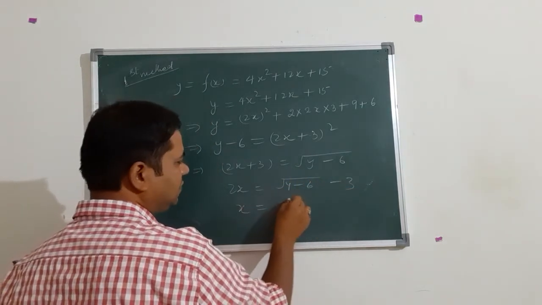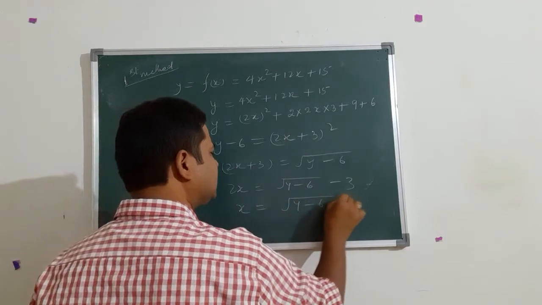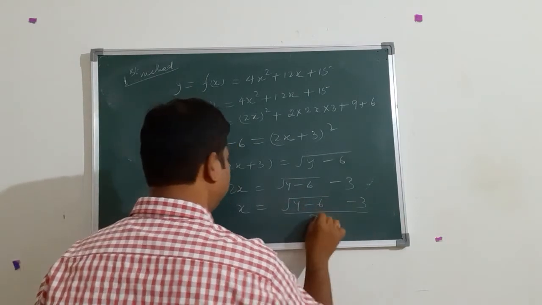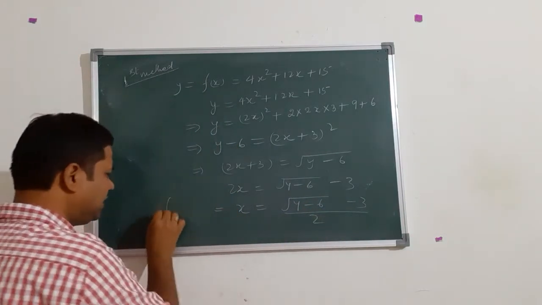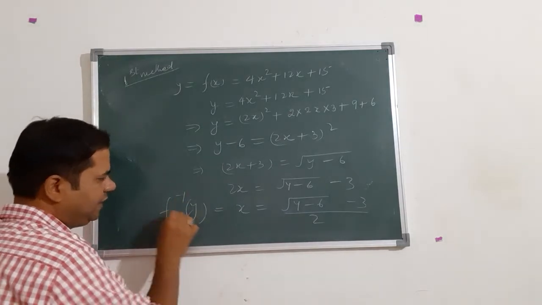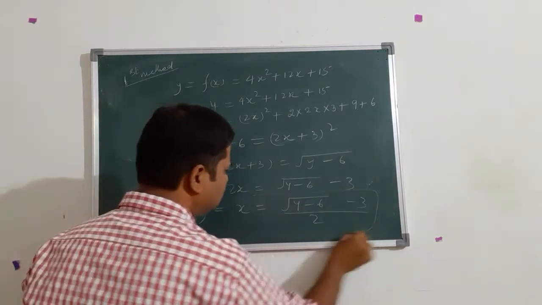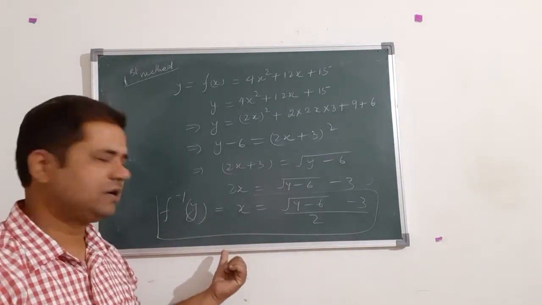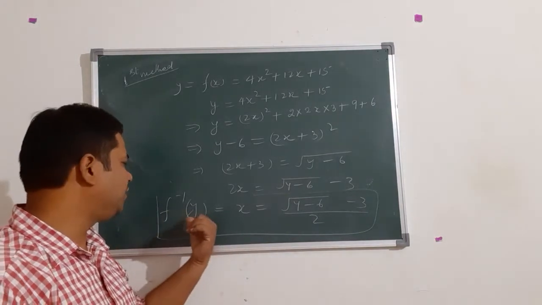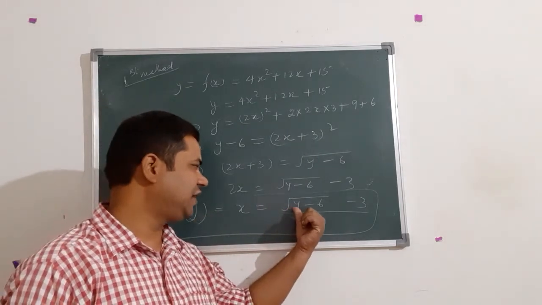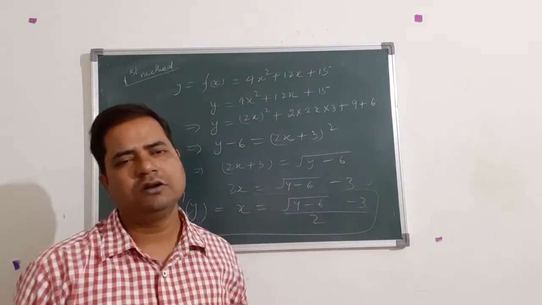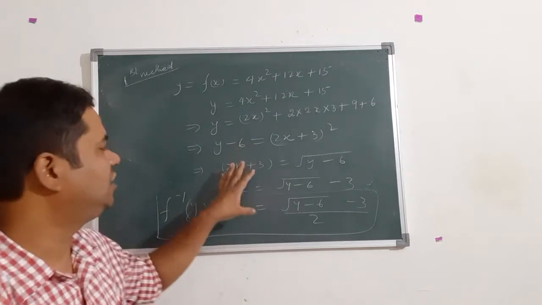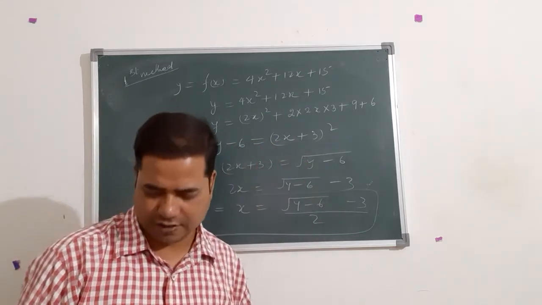So x is nothing but (√(y − 6) − 3)/2, and this is nothing but f inverse of y. This is the inverse of the function. And if you want, you can write f inverse of x, so f inverse of x is (√(x − 6) − 3)/2. So note it down. This is the method to find the inverse of a function.